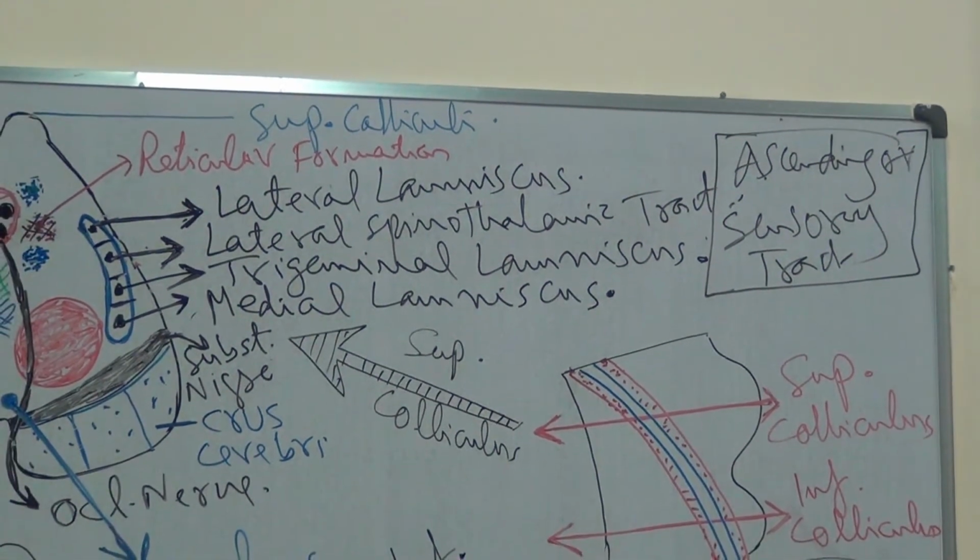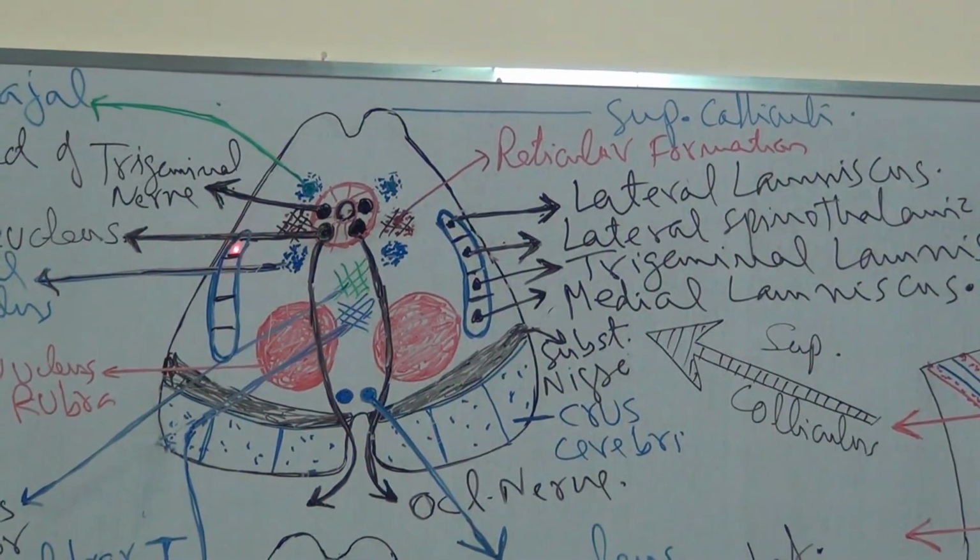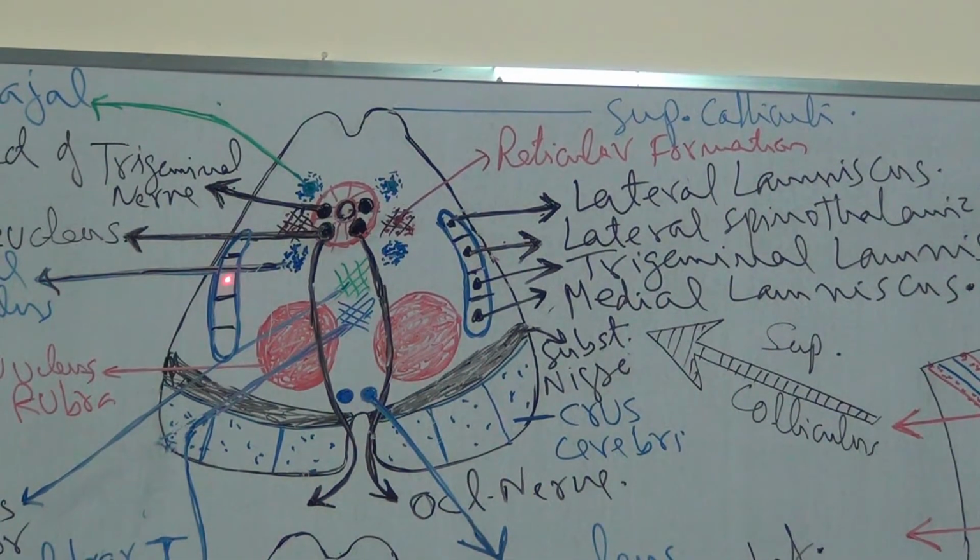Same on this side, from lateral to medial: lateral lemniscus, then the lateral spinothalamic tract, then the trigeminal lemniscus, and the most medial one is the medial lemniscus. This curved band of white matter comprises these ascending or sensory tracts.